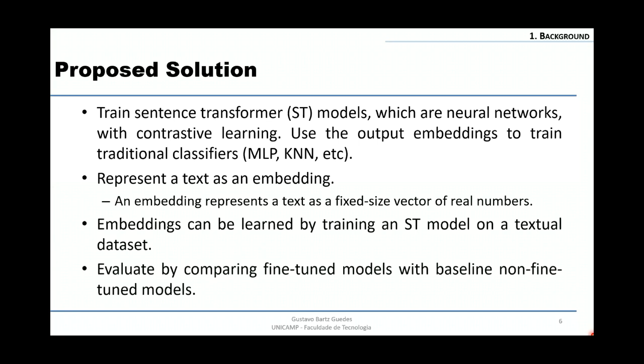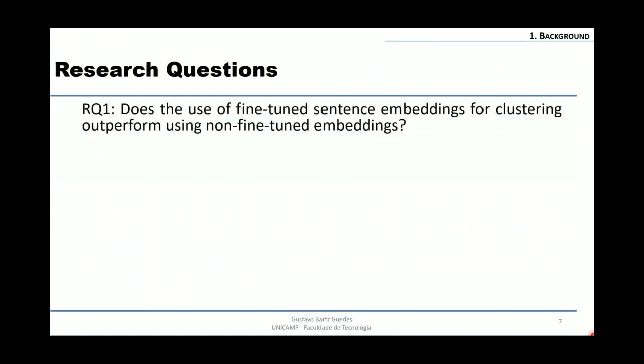And to evaluate our approach, we compare these models fine-tuned with contrastive learning with baseline sentence transformer models that were not fine-tuned with contrastive learning. So we raised three research questions. The first one is whether the fine-tuned sentence embeddings for clustering outperform the non-fine-tuned embeddings.